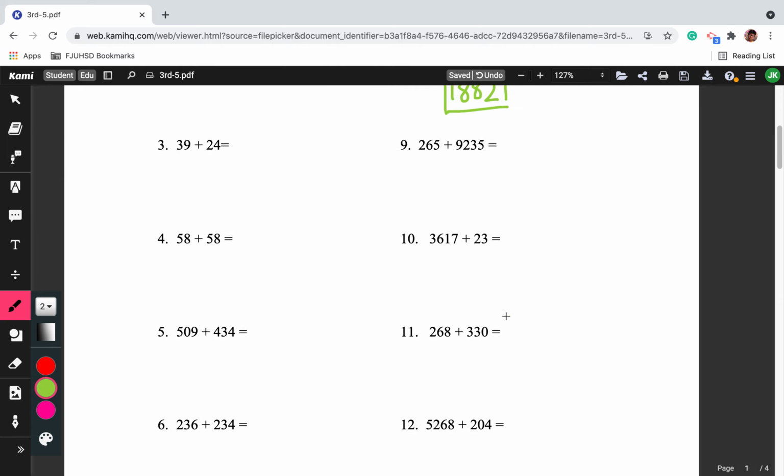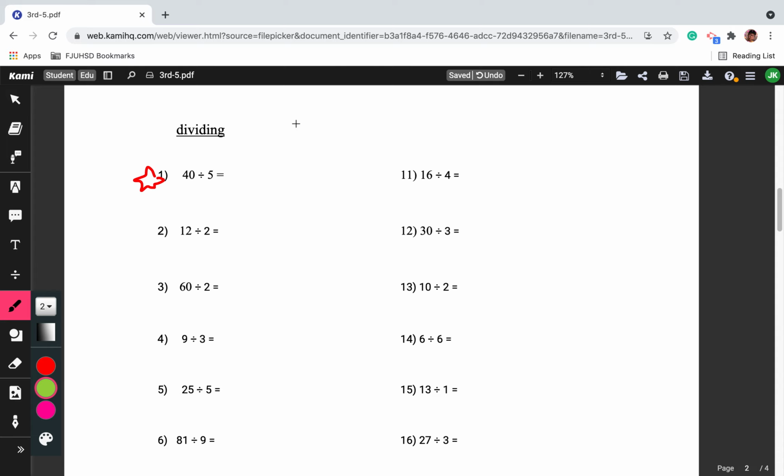Okay, let's look at dividing now. For this one, order does matter. So the first number will always be inside, and the second number will always be on the outside. Also, the amount of place values will equal the amount we start with.